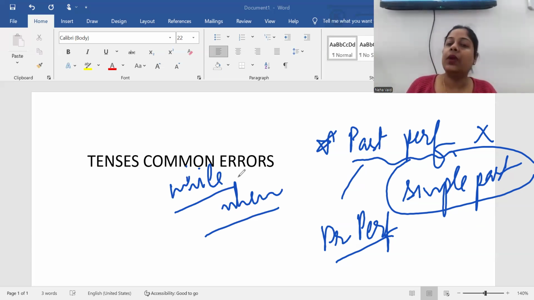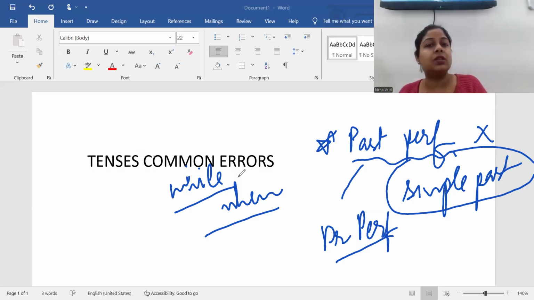Okay. Next, we have past perfect continuous. Again, when you're given a certain fixed time period, since or for is given, or simple past is given, then you use the past perfect continuous, because in that condition you know the time duration of that process, when it started and when it ended. So what is the difference between present perfect continuous and past perfect continuous?